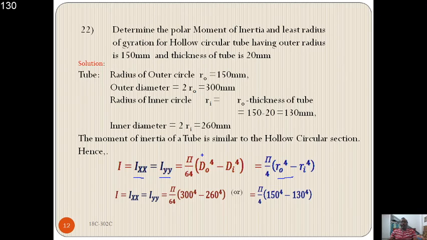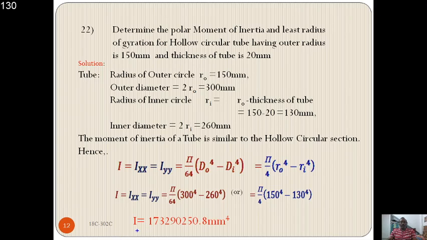Therefore, Ixx or Iyy of the hollow circular section is equal to pi divided by 64 multiplied by the outer dia to the power of 4 minus inner dia to the power of 4. Similarly with the radius, substitute the values of the outer radius and inner radius to obtain the value of Ixx and Iyy.